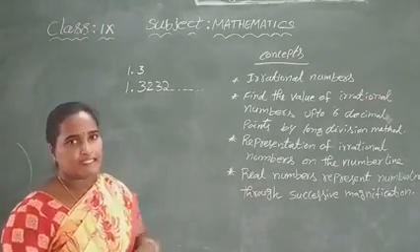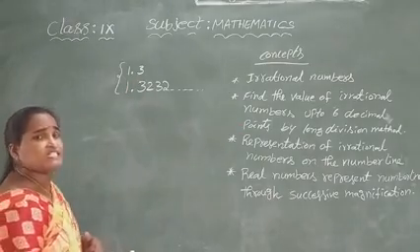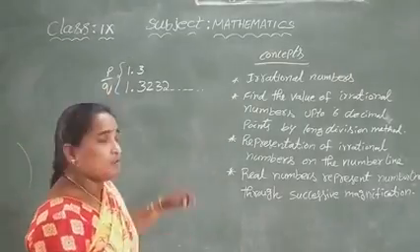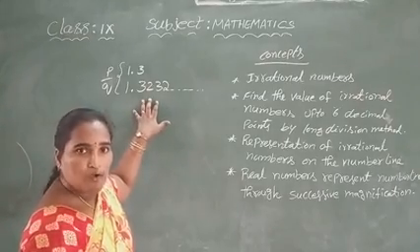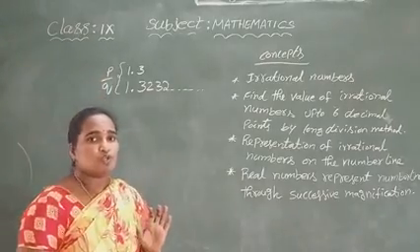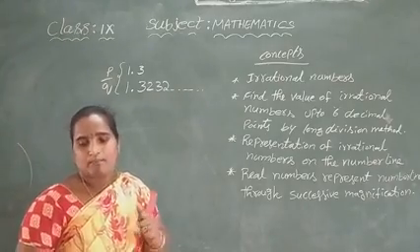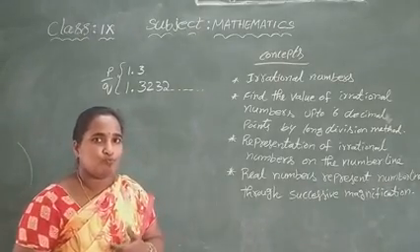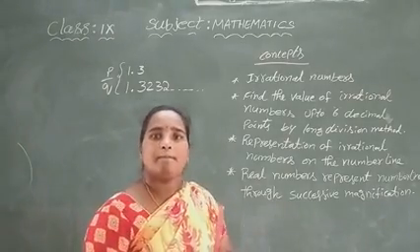These two decimal numbers we can express in the form of p by q. So these are rational numbers. For example, we cannot express it in the form of p by q.